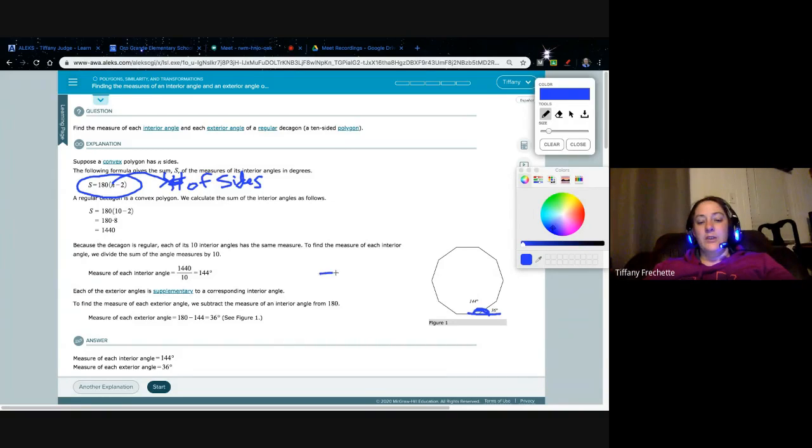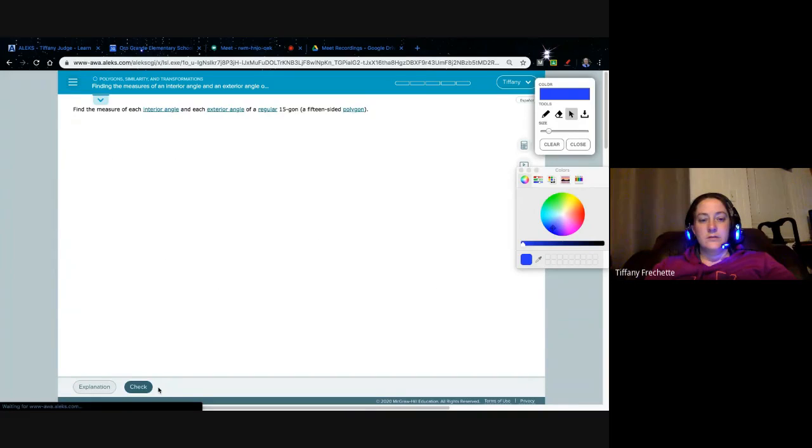You can think of a line as half of a circle. So if I kept going around, and I know that's a horrible circle, but we have 360. So halfway is 180. So we just simply say we're going to take the 144 and subtract from 180, we get 36. All right, so let's go ahead and try this out.